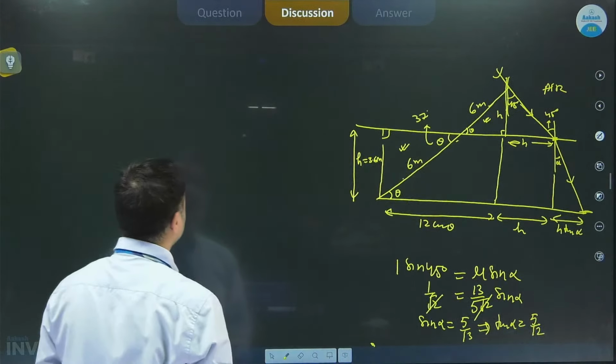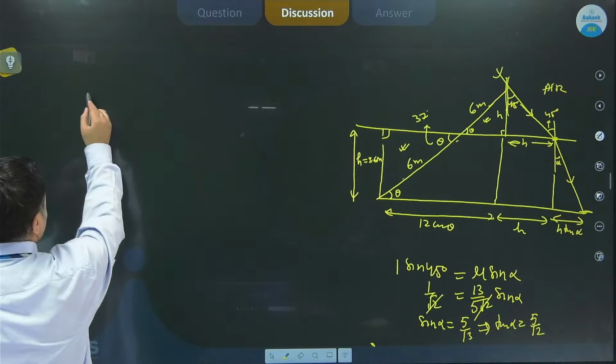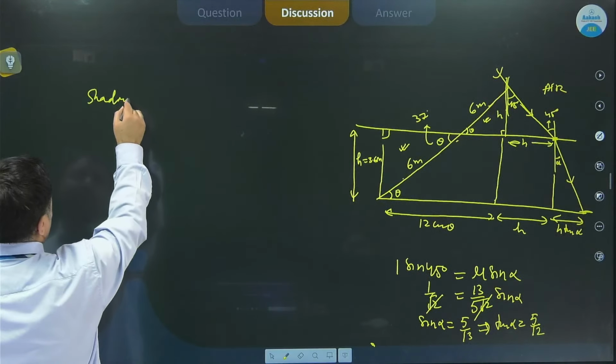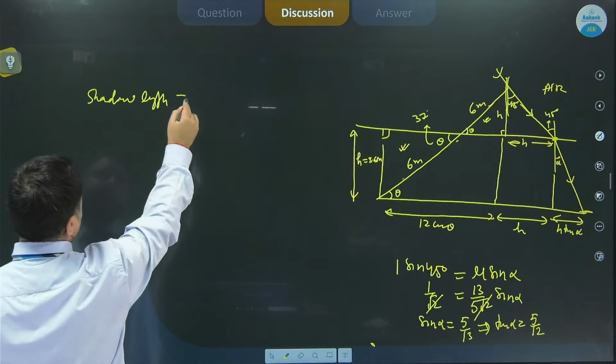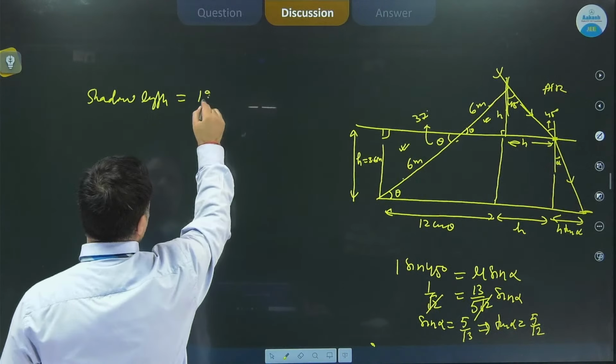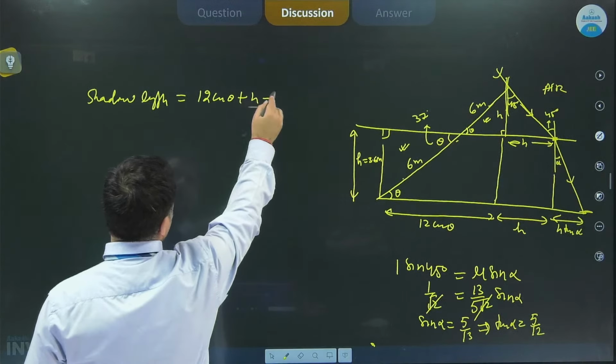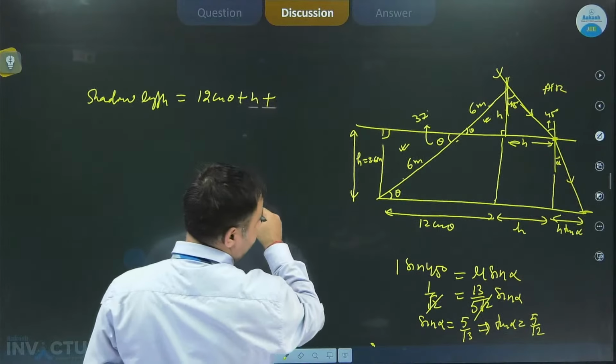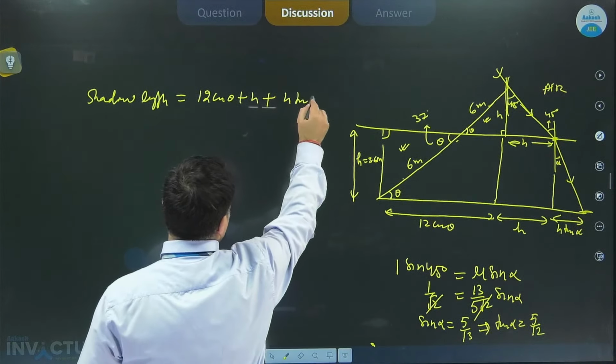Now the total shadow length is equal to 12 cos theta plus h tan alpha.